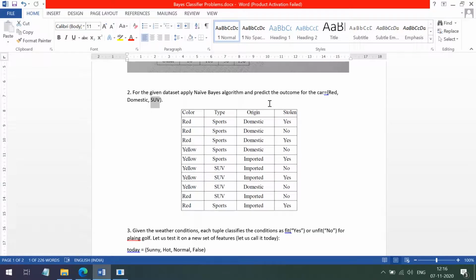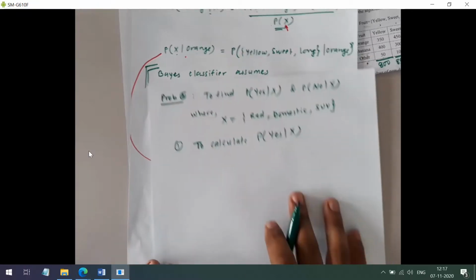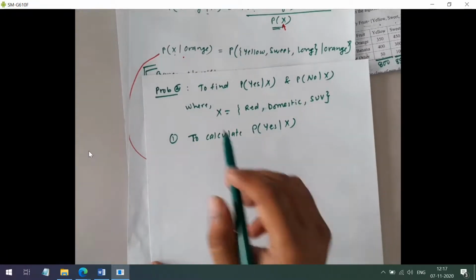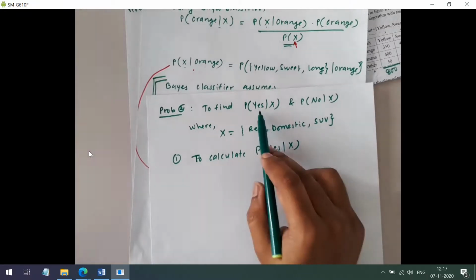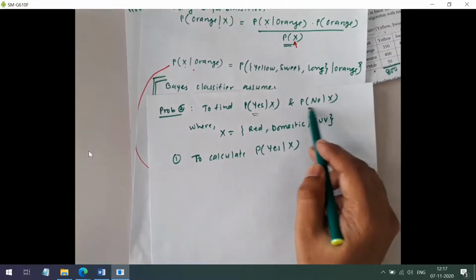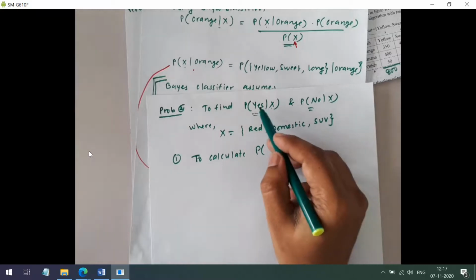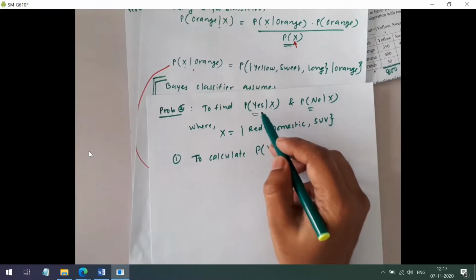Now first we will try to calculate the probability of yes given x. There are two classes, yes and no, so we have to find these probabilities and we will classify x to the class which has the higher probability.